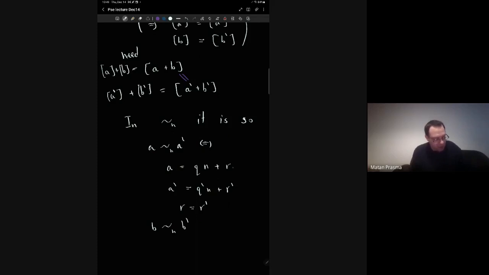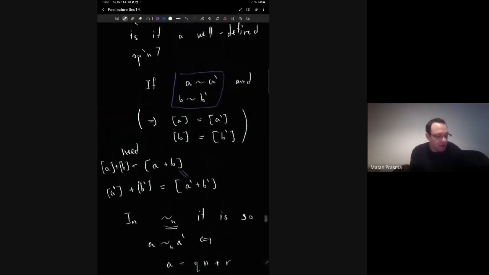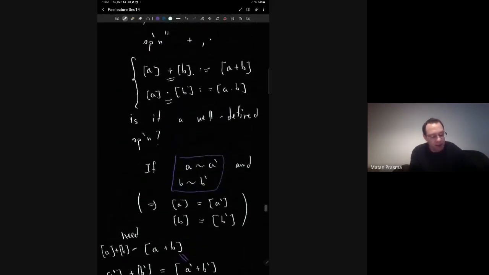Okay, I don't want to load up too many notations, but because of the nature of this equivalence relation modulo n, we get that the operations I just defined are indeed well defined on the quotient set.